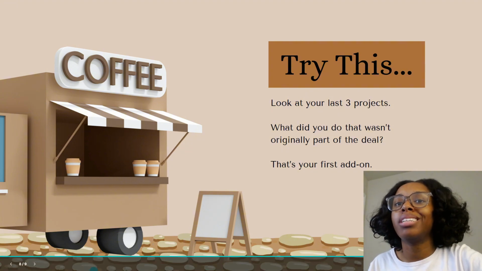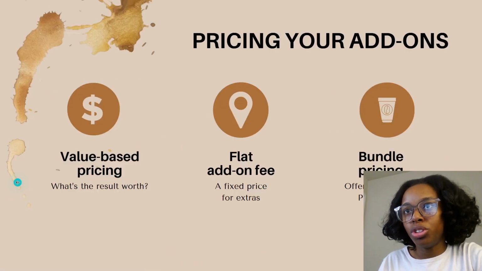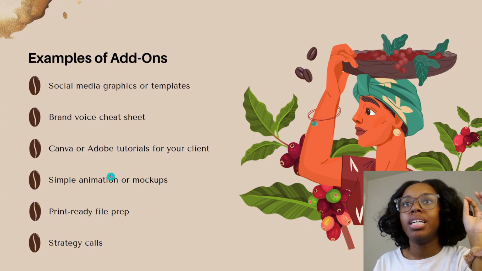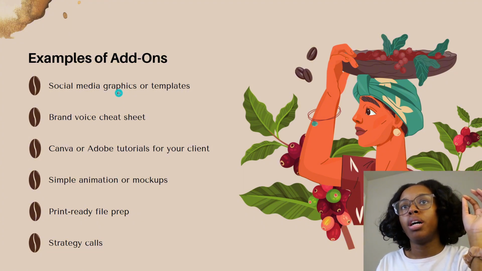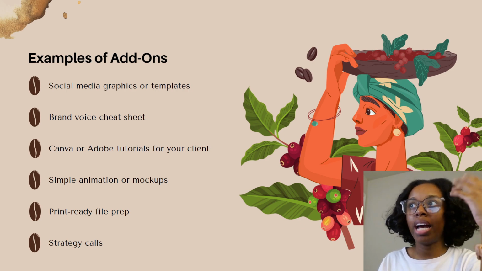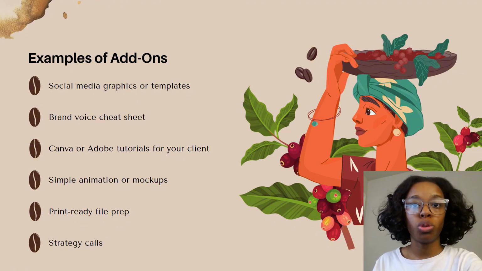But let me go back to the examples list because I want you guys to really understand what I'm trying to say. Let's say someone asks you for one flyer. They might say, hey, I have this event going on, I do these events monthly, can you make me this one event flyer?